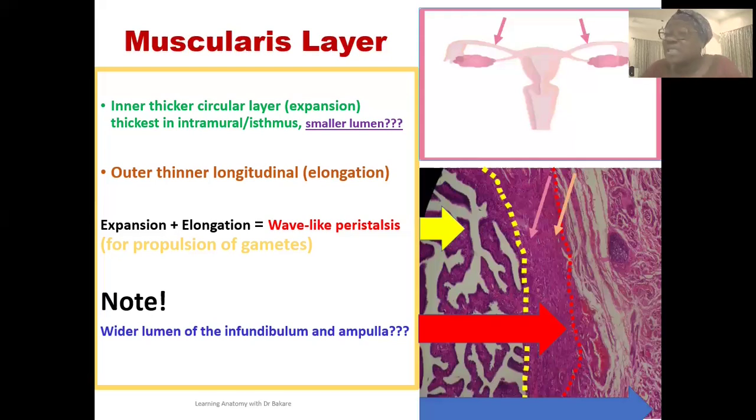Of course, the process of fertilization also needs some form of space for this process to occur. So it's helping to create more space. You see that the deposit of the muscularis layer here is not as thick as what you see in the other region. And also for the infundibulum, which is the terminal region, the egg that is released by the ovary also needs to move. So in trying to create space for this, it's also helping to reduce the thickness of the muscularis layer around this region.